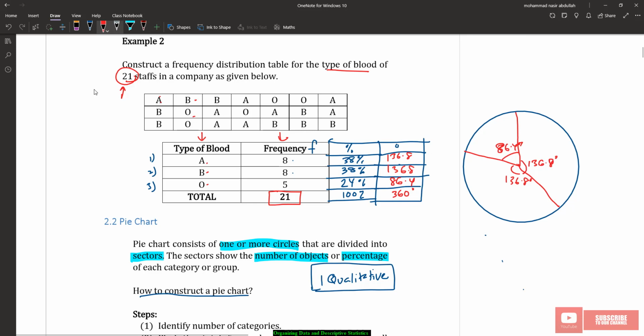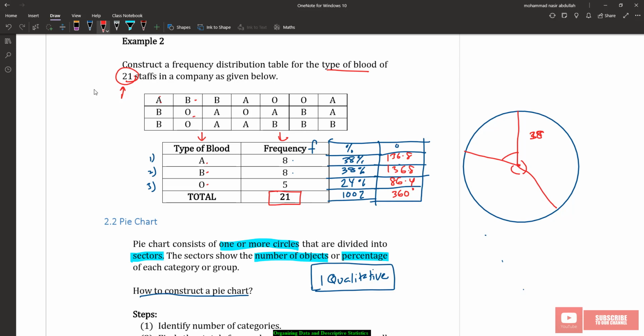But in Excel, in a pie chart, we are not going to show our degree. We only show the value of frequency or percentage. So we show it here.